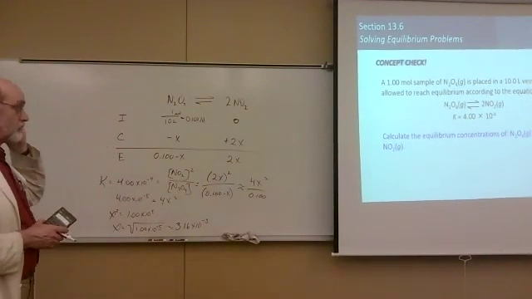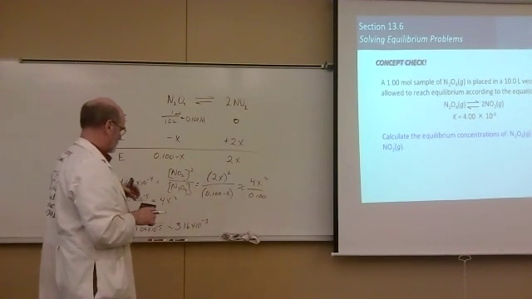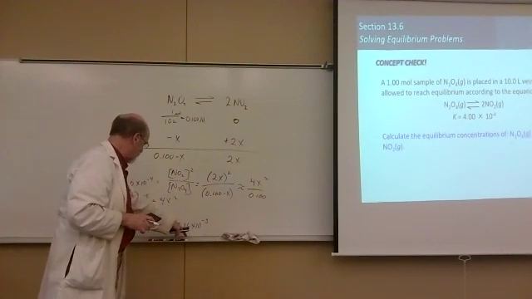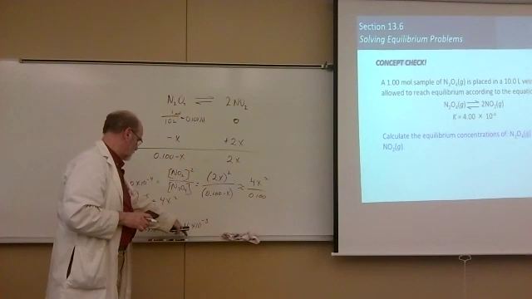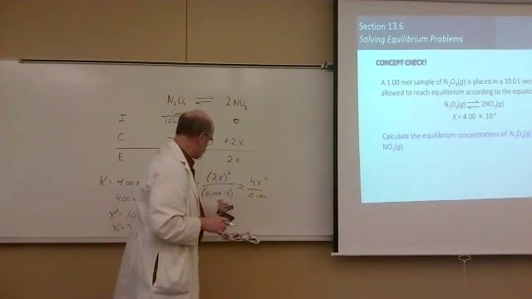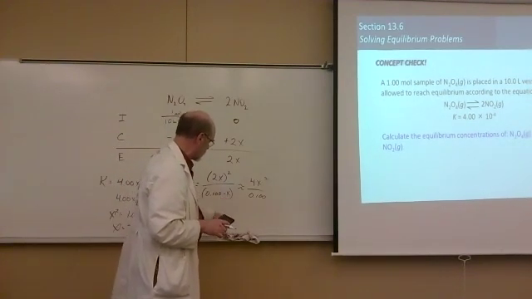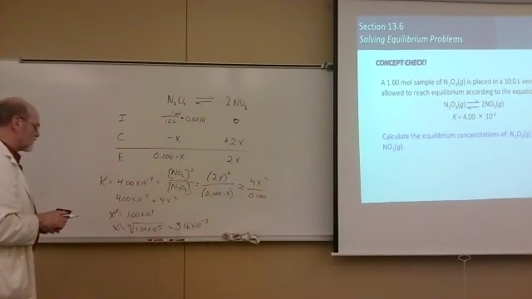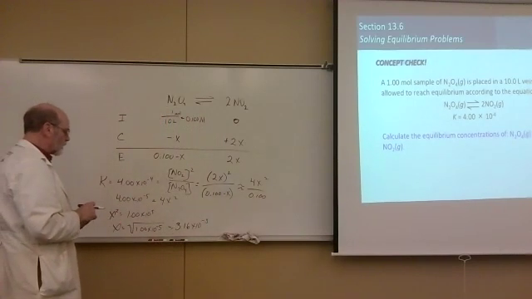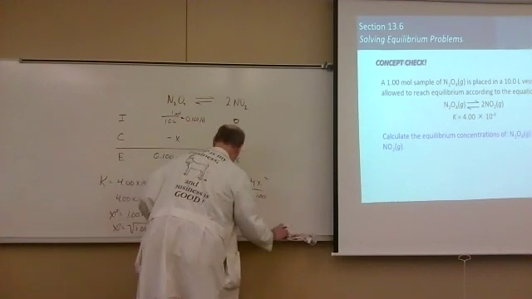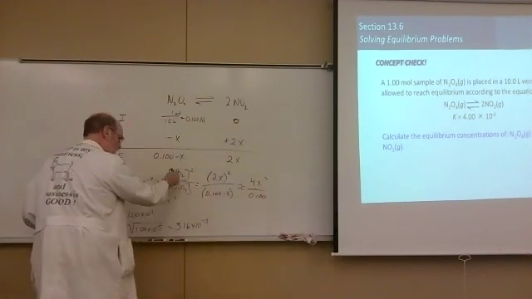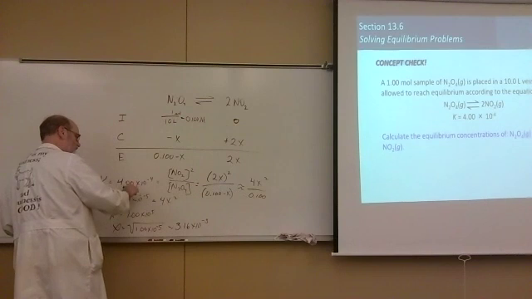Now, in order to verify that this is a valid number, and we didn't make a huge mistake by saying that's equal to 0, then what you do is you take your equilibrium calculated values and you plug them back in your expression and see if it equals this.